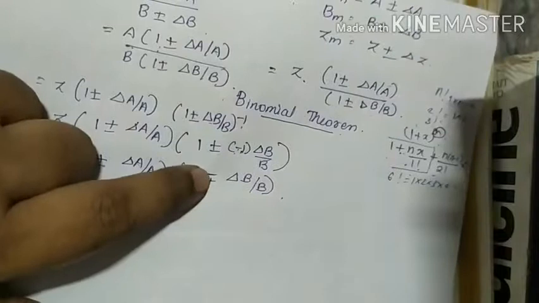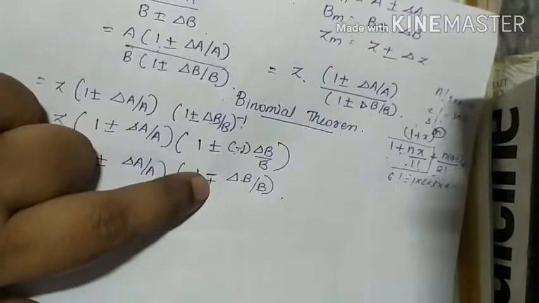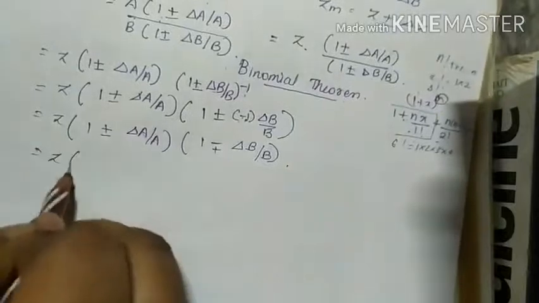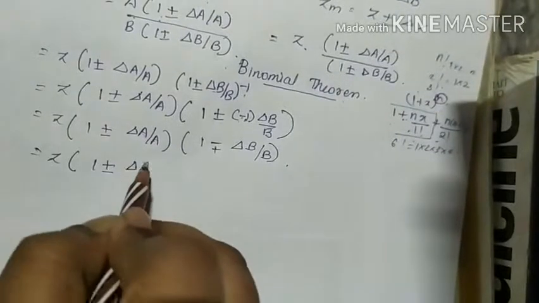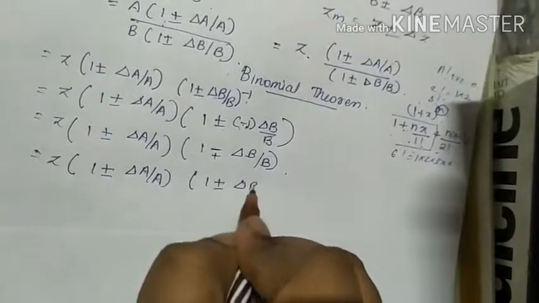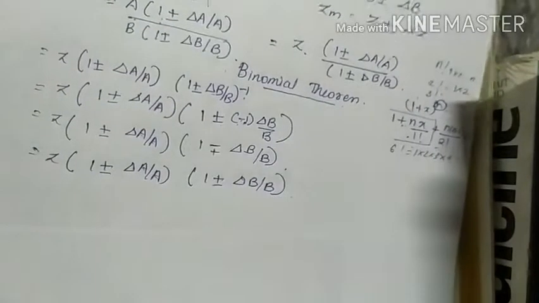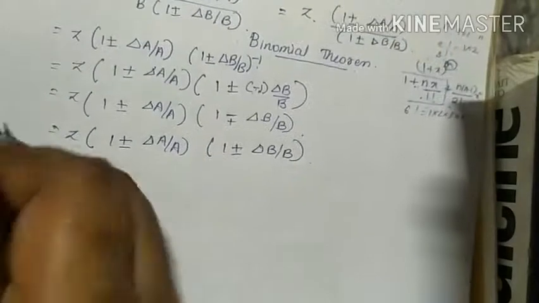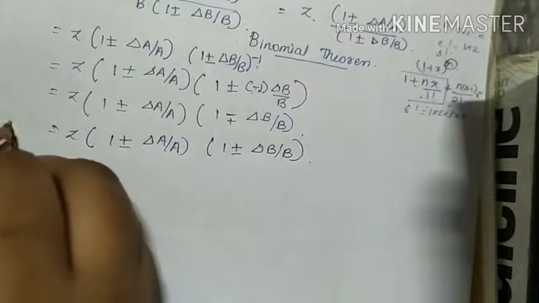Now I just reversed it, minus is written over here and plus below, it doesn't make any difference, right? So I can write it like this itself, delta a by a, 1 plus or minus delta b by b. Clear? Right, so what was on the LHS was z plus or minus delta z.